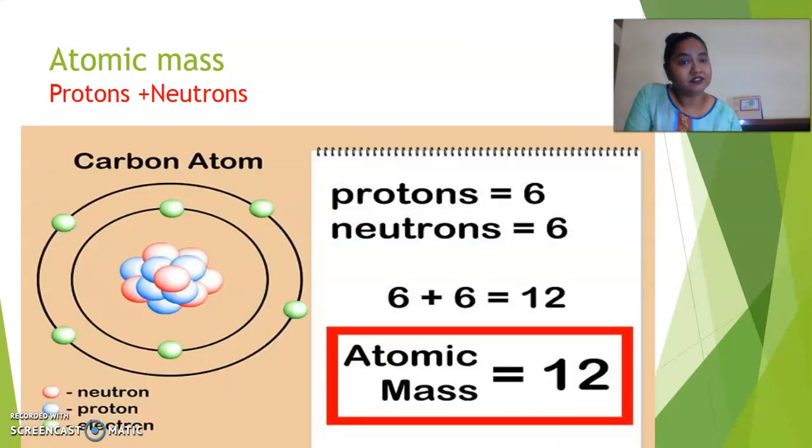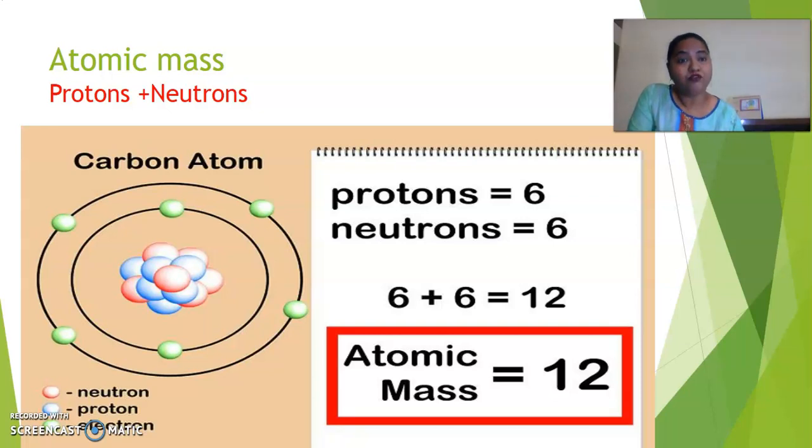To understand Dobereiner's theory, we need to have a good understanding about two things. The first is atomic mass. Atomic mass means the total number of protons of an atom plus the total number of neutrons of that atom. Let us consider an example of carbon. In carbon, there are 6 protons and 6 neutrons.